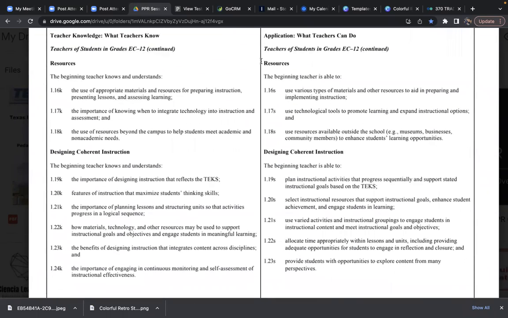Next, we have resources. What resources are you using? Are you integrating technology to promote learning, to expand instructional options? That means you're not just having them type out something that they could have written in your class. That's not expanding options.